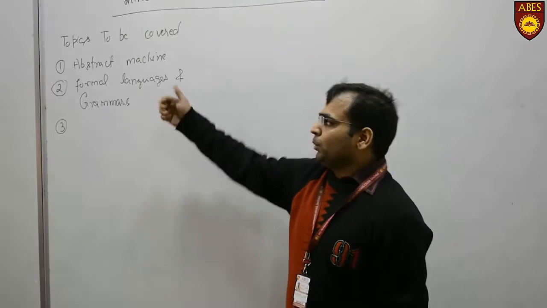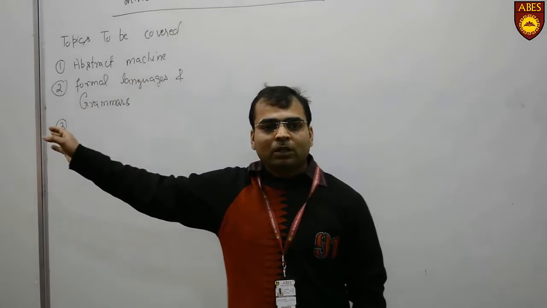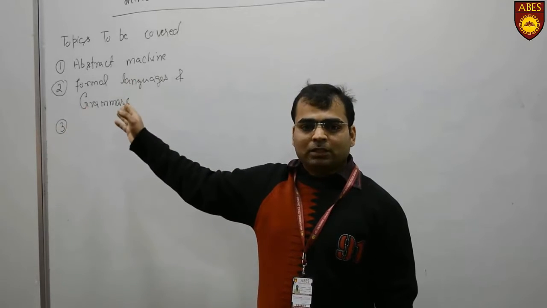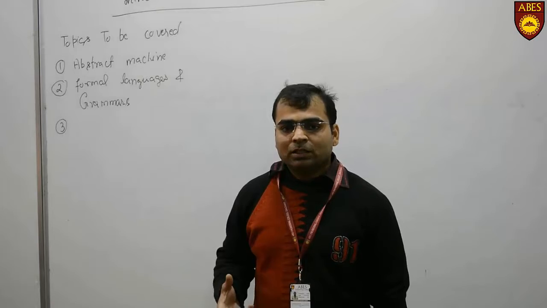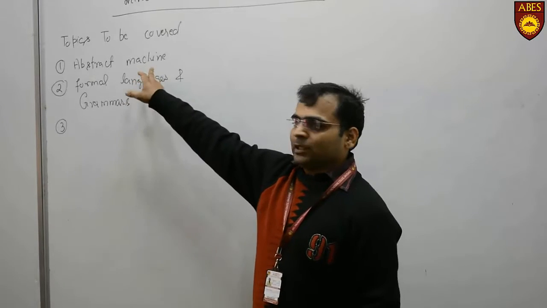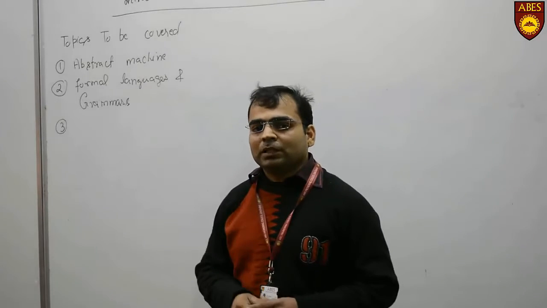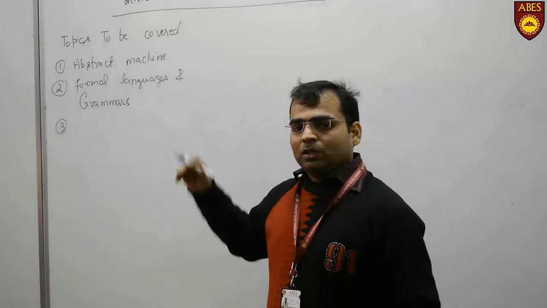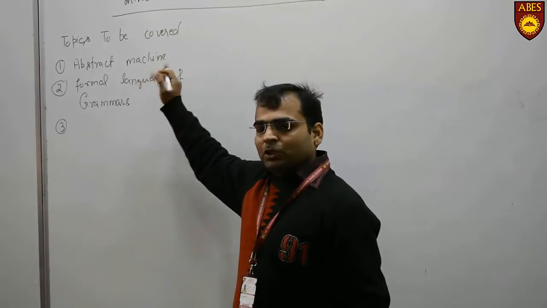Clear? So in the theory of automata we focus on the designing logic, how that machine works. We can represent the same thing in more detail by using a pictorial representation.